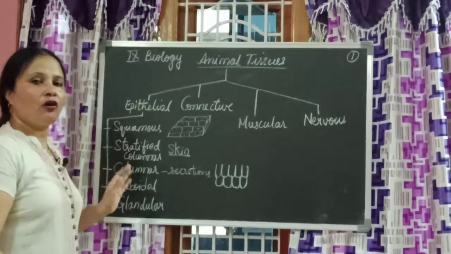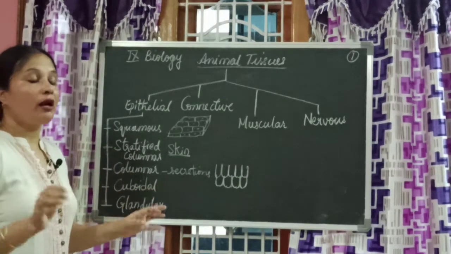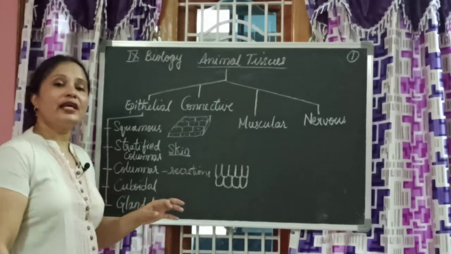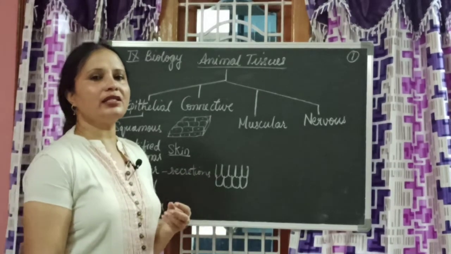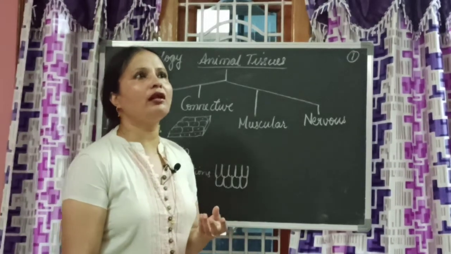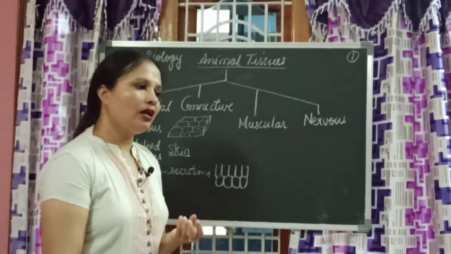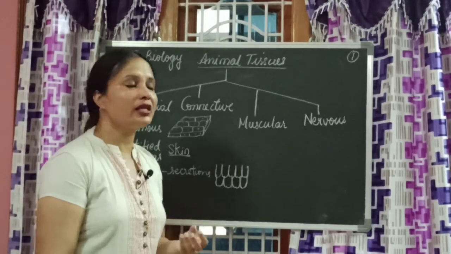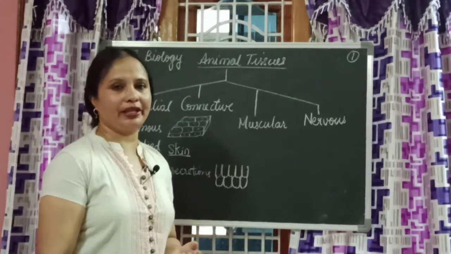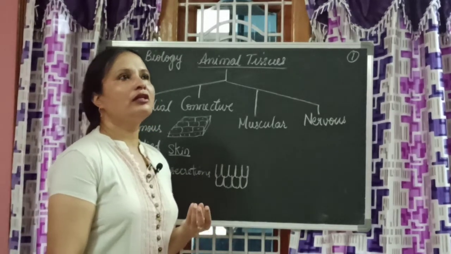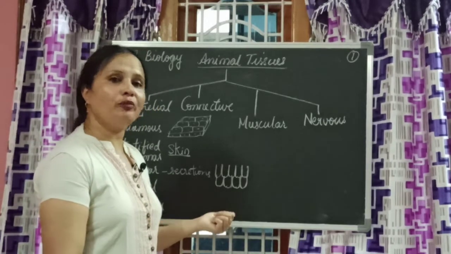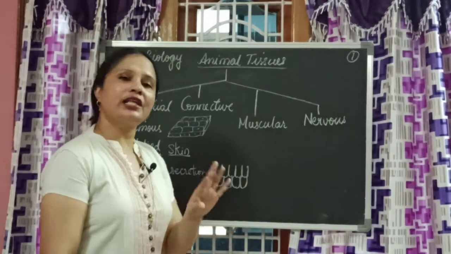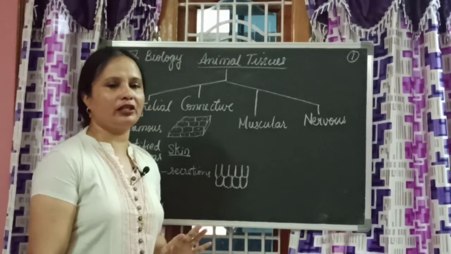They are also protective, but their extra function is they secrete, for example in kidneys, glomerulus and all that, the tubular secretions are conducted by them. And even the small intestine secretions, columnar epithelial tissue is there. Wherever secretions are there, remember columnar epithelial tissue.